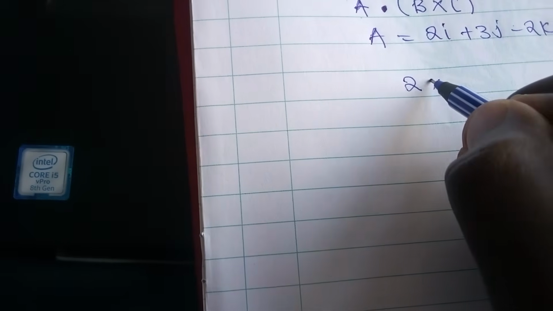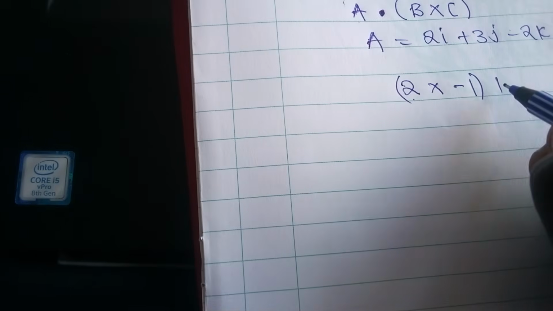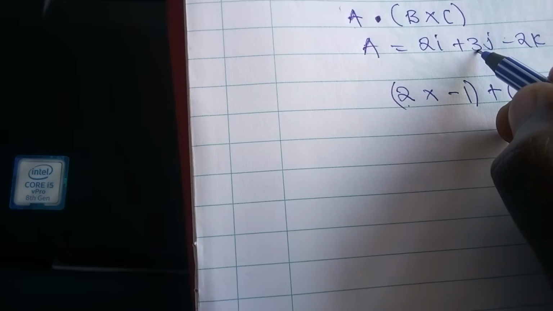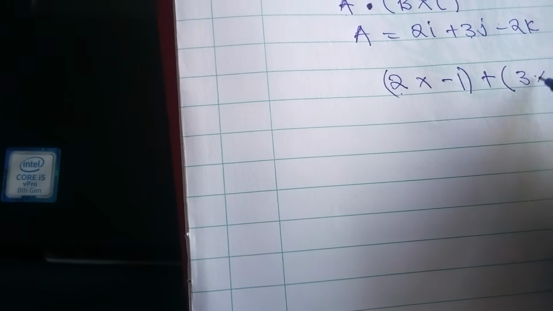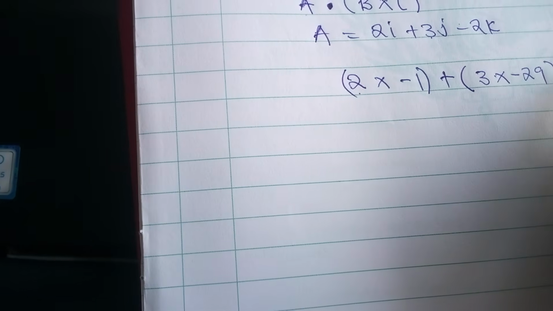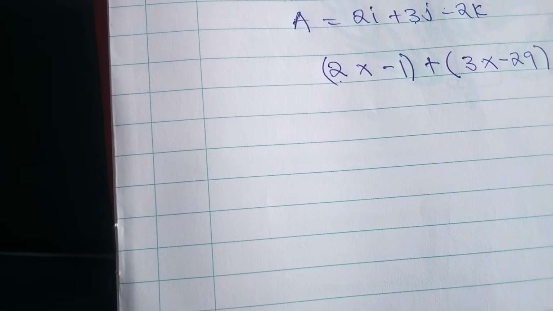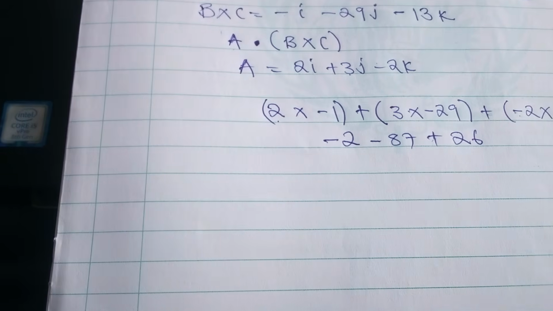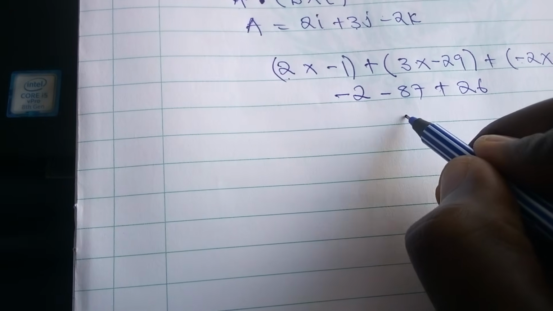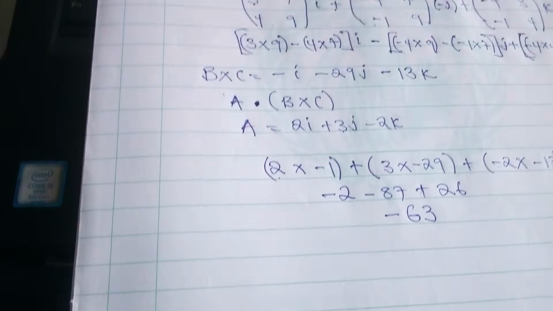So from there just get the coefficients, that is 2 times negative 1 plus 3 times negative 29, and then plus negative 2 times negative 13, and then you just add everything there. So if you compute everything, you're going to get negative 63 as your scalar dot product.